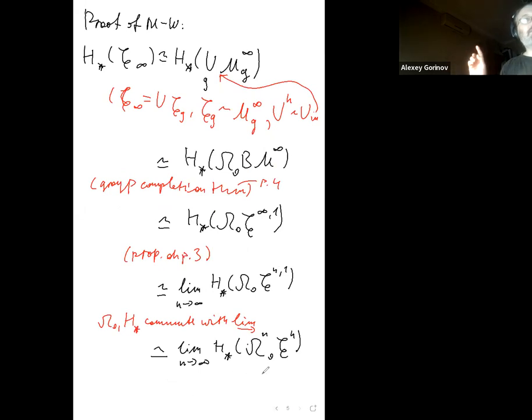No, we've already used, we only need to, since we already have k equal 1 here, we only need to use the proposition on page 4.